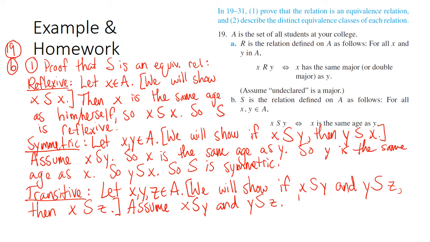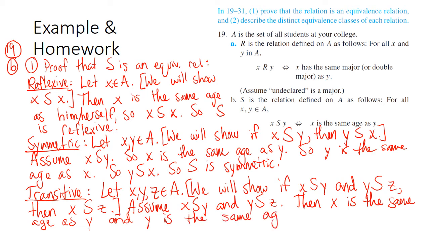Since x is related to y by S, then x is the same age as y. And since y is related to z, that also tells us that y is the same age as z.